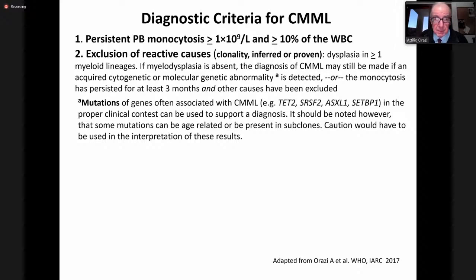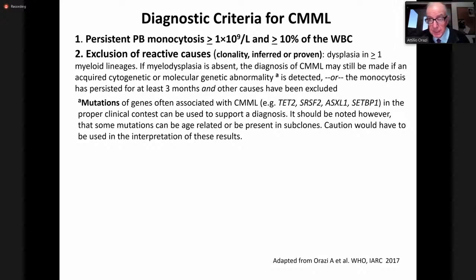The problem is that you do it in 2 ways. You infer clonality, you assume clonality based on something, or you prove clonality. So there are 2 ways. To infer clonality, the traditional way is the presence of dysplasia. You find dysplasia in at least 1 myeloid lineage. Obviously, it has to be a significant degree of dysplasia.